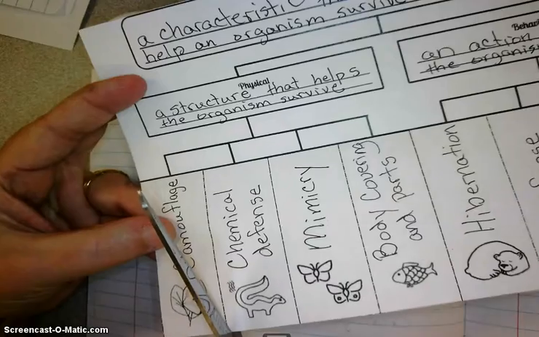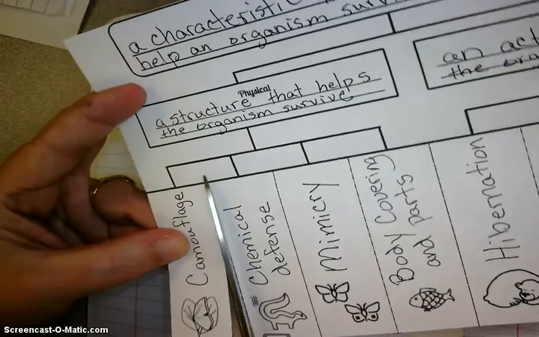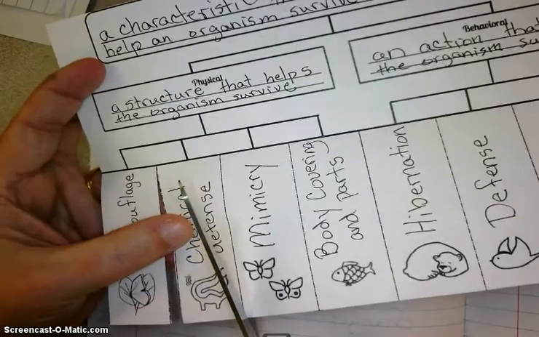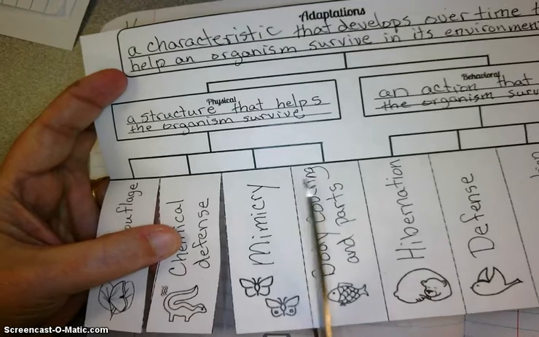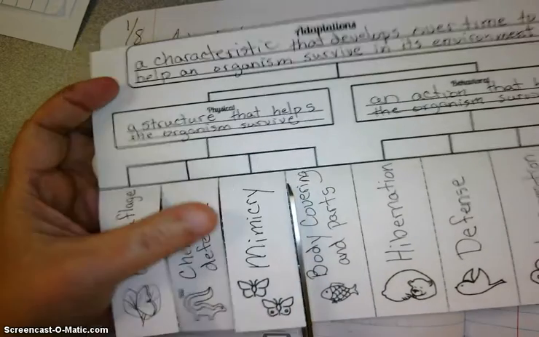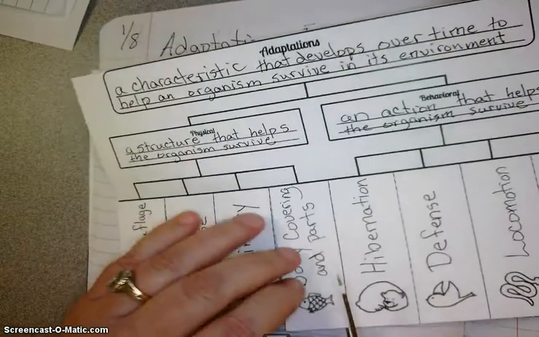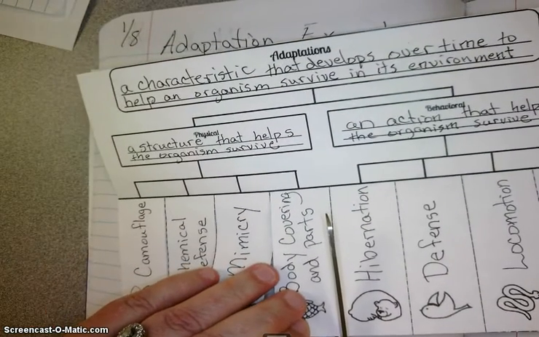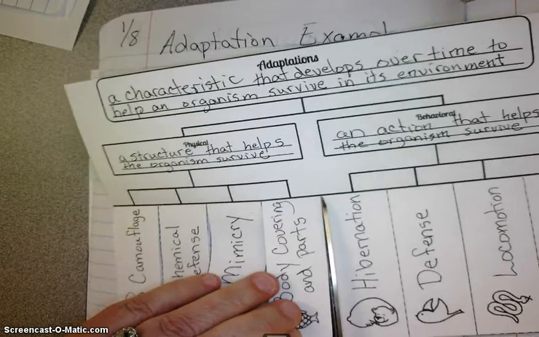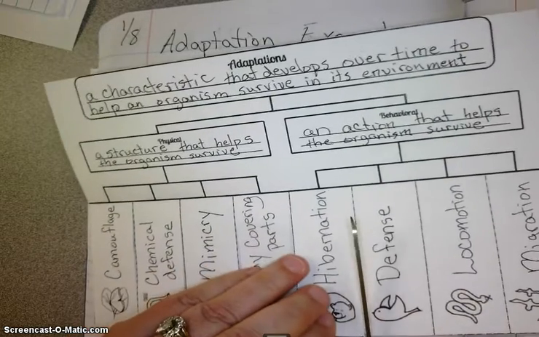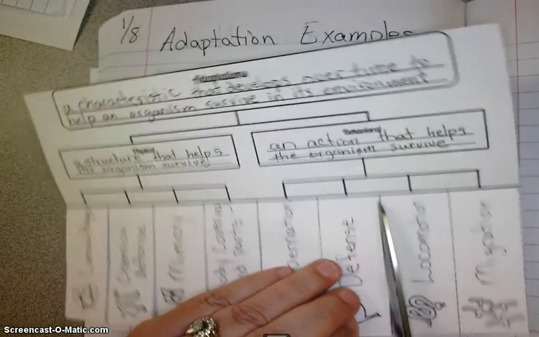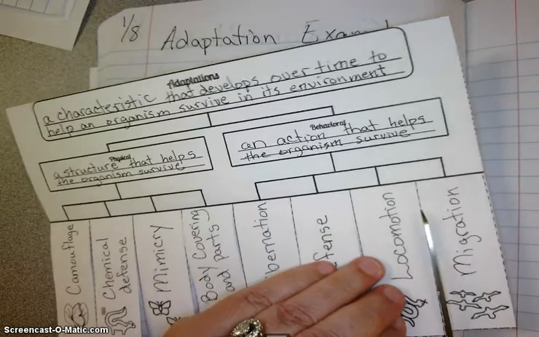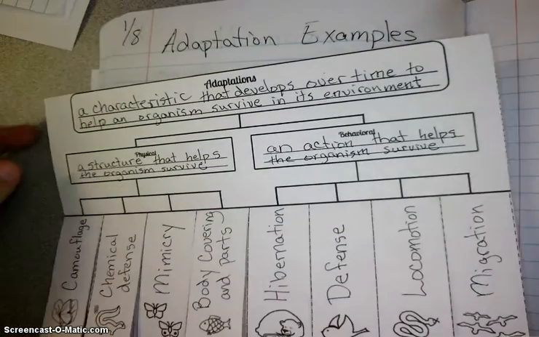We're just going to cut on the dotted lines so that we end up with 8 flaps for our adaptation examples. So each one is going to still be attached, but you can raise it and lower it to find out the definition of that adaptation.